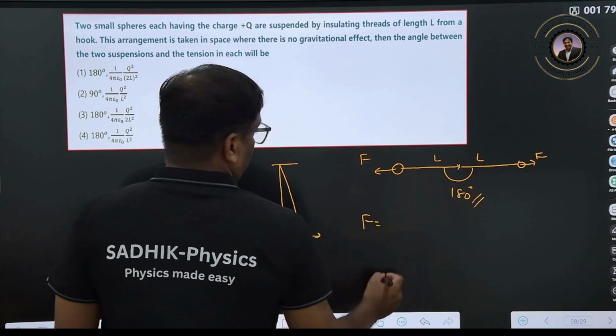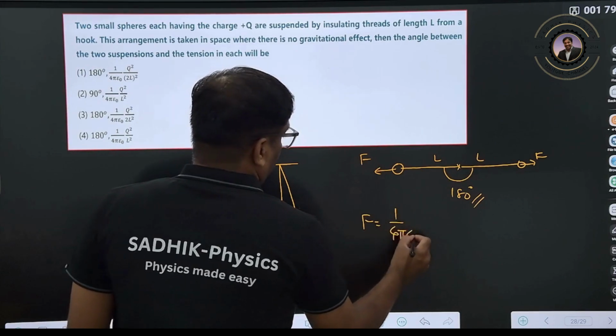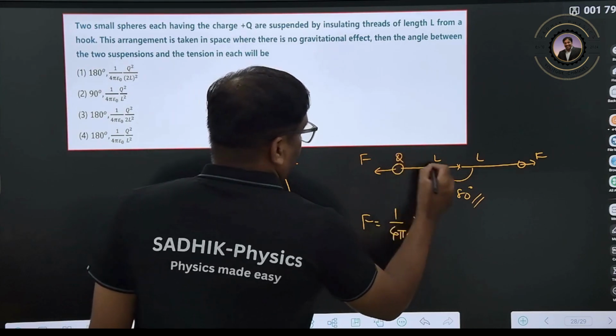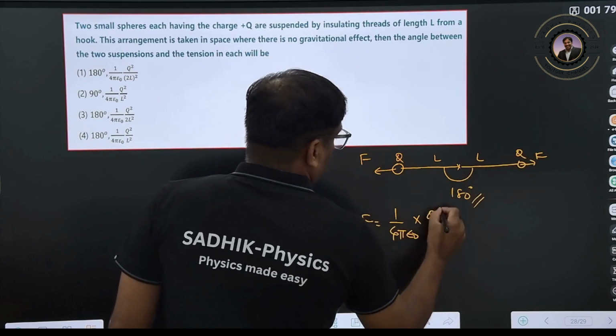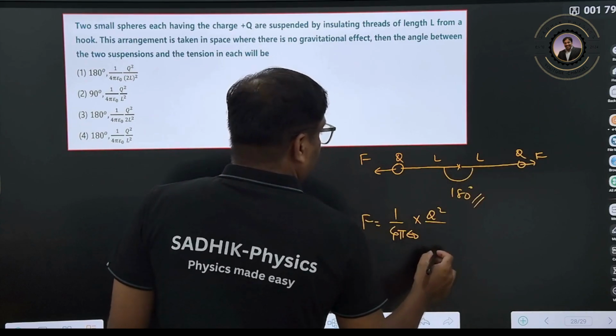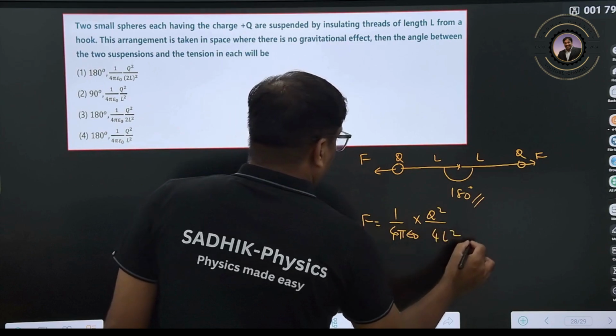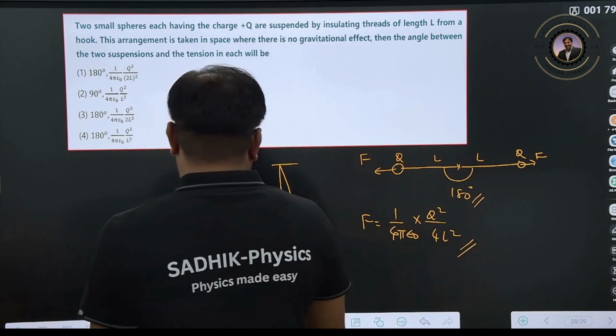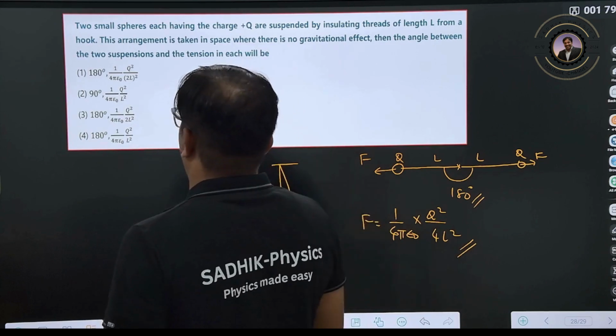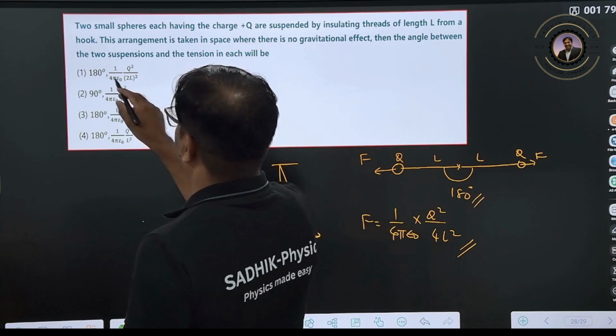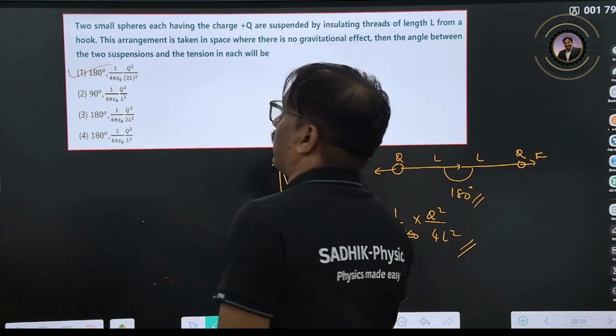Force is equal to 1 by 4 pi epsilon naught into same charge Q square by, this is 2L, therefore 4L square, so 2L whole square. The angle is 180 degrees. First option will be your correct answer now.